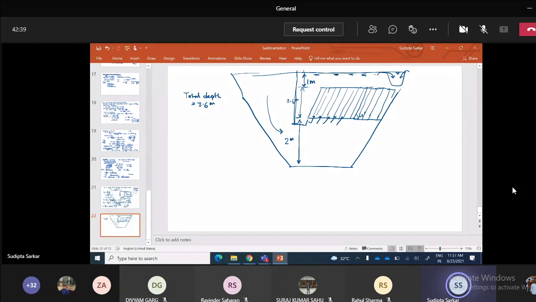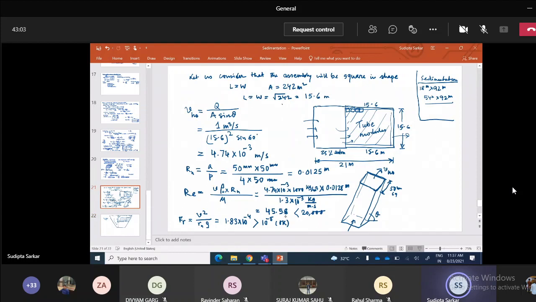a wonderful way of treating our wastewater, or treating our water, with as minimum interference or disturbance as possible, because you can see the Reynolds number value is so low, 45.58, which is a very quiet zone, where the particles can separate out or settle very nicely and efficiently.